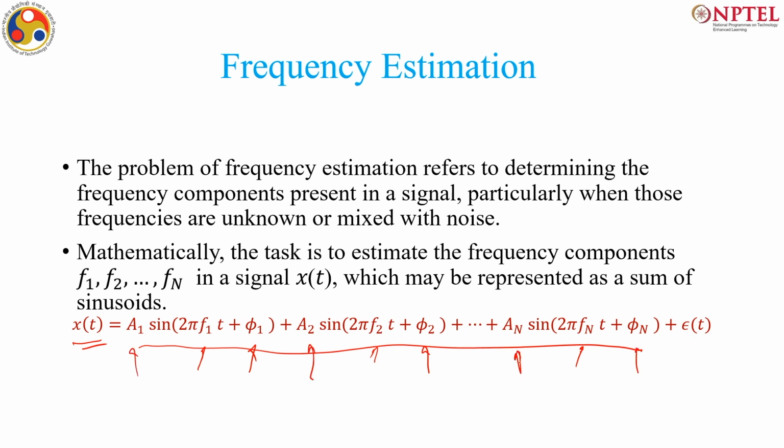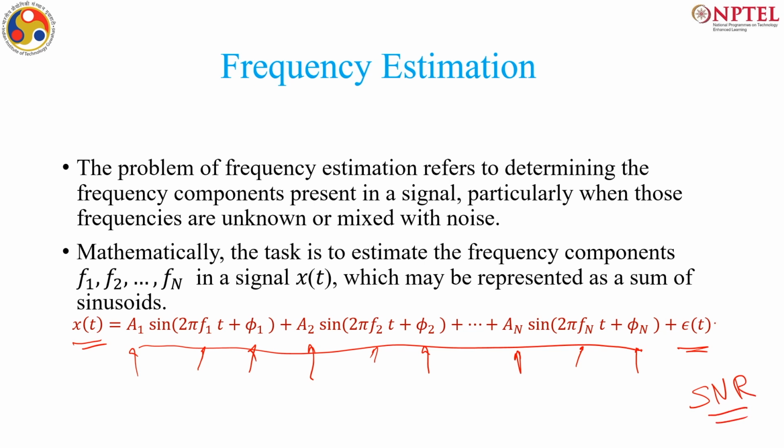Well, this looks just like the continuous time Fourier series, but here we have something else, we have the noise. So, the problem is that I want to exactly find what frequencies are present in the signal, or I would say dominant frequencies, because there is something called SNR, signal to noise ratio.